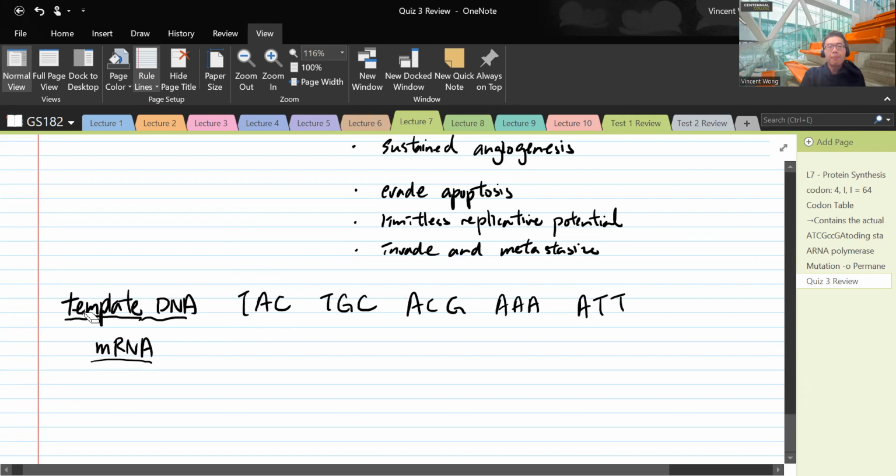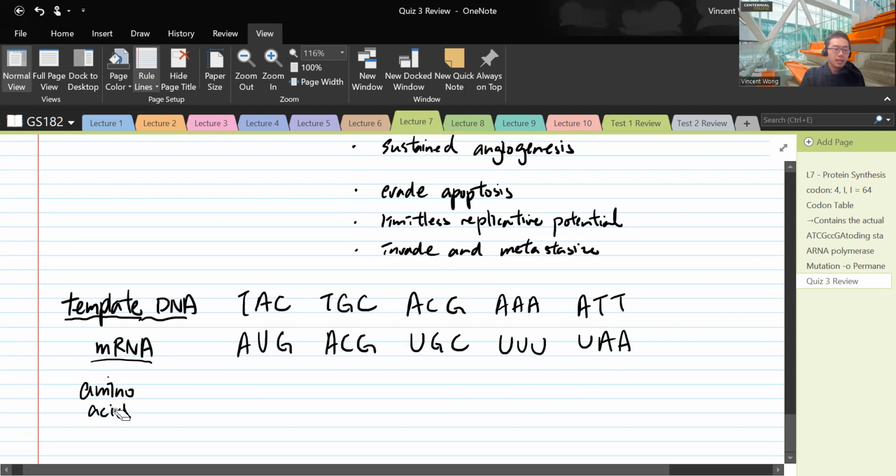So this is template. If I give you template and I ask you for mRNA, you have to do the complementary rule. So that will be AUG, AUG, ACG, UGC, UUU, UAA. And then we have to look up the amino acid. Before that, actually, you will also be asked to find the anti-codon.